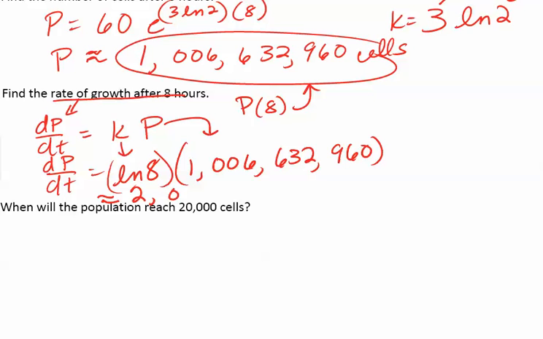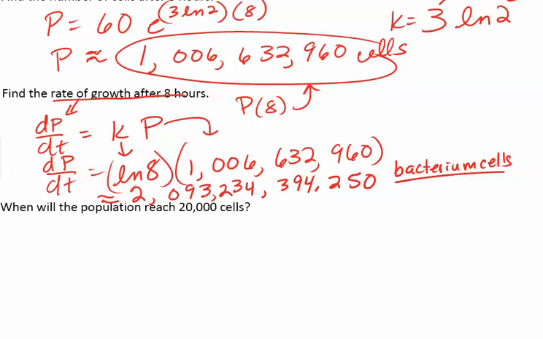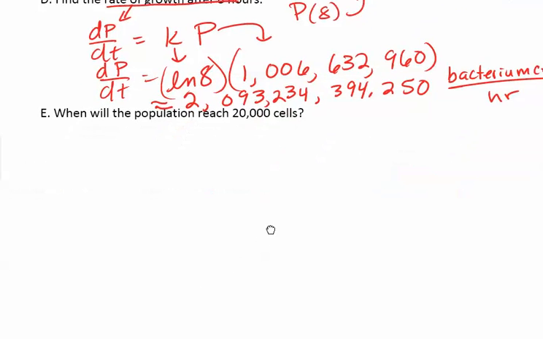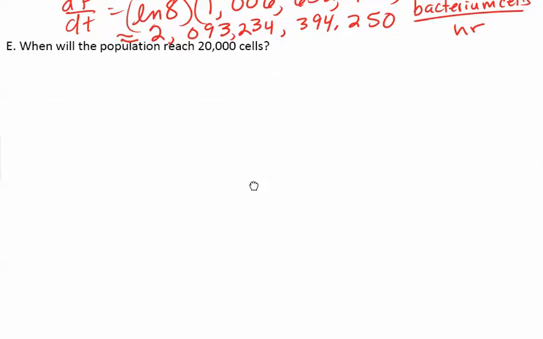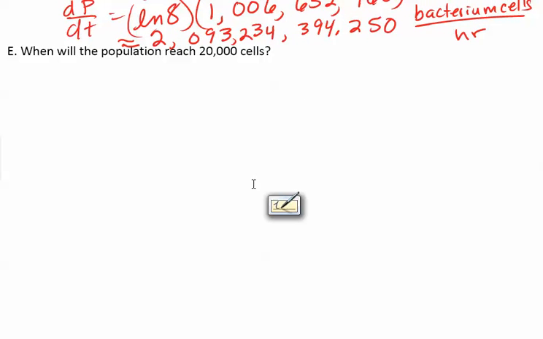Approximately 2,093,234,394.250 bacterium cells per hour. All right, so if you're using minutes, you make sure you label it appropriately. You'll have different values there.